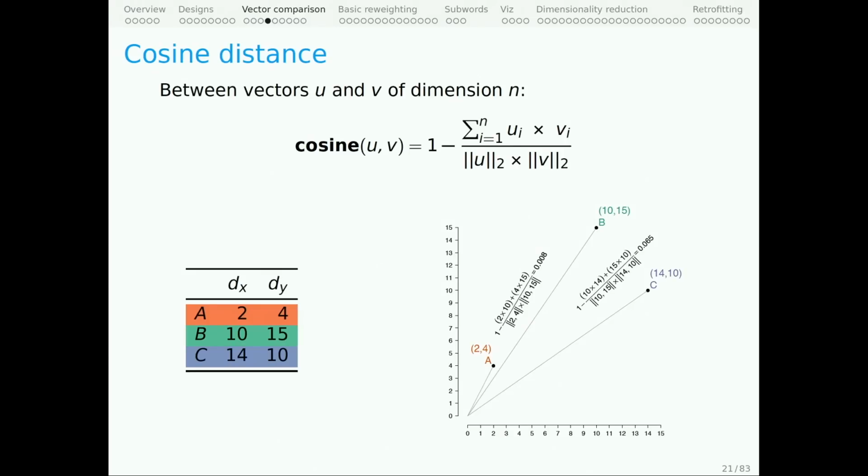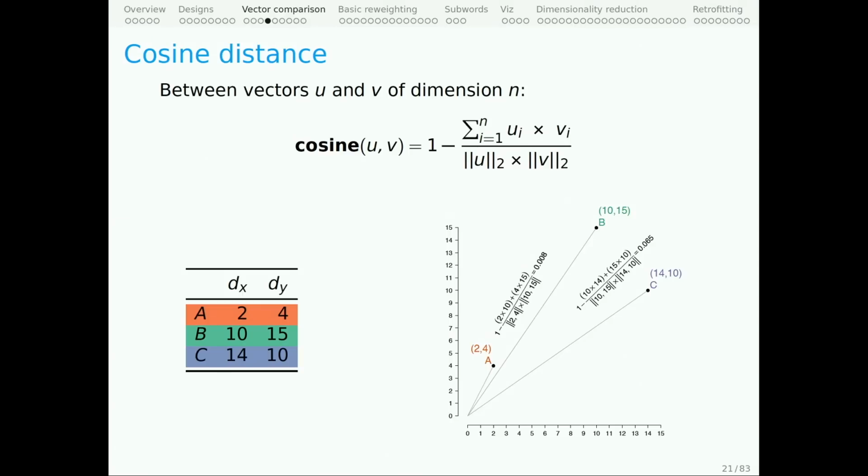This is a look at what the calculations are like. A, B, and C are sitting there in their original positions, but when you walk through these calculations, you find that A and B are very close together, 0.008, and B and C are pretty far apart, 0.065.